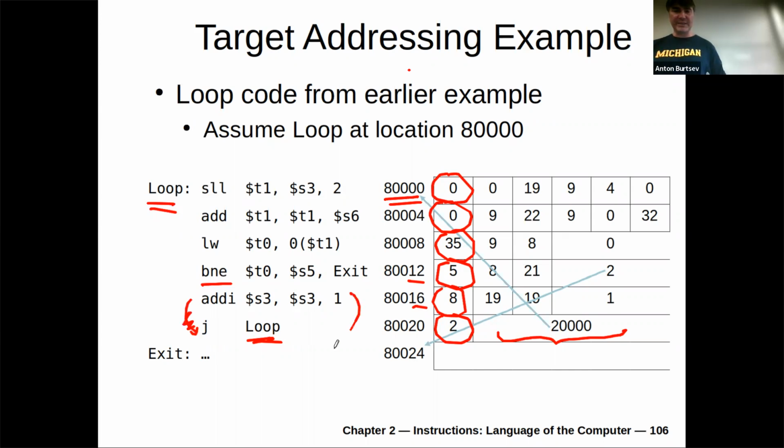So you jump into exit, which is to address 80024, right? So the distance between them is only what is that? 24 minus 16. The distance is 8, right? So divide 8 by 4, you get 2, right? That's why you place 2 in this position, right? Is that clear?